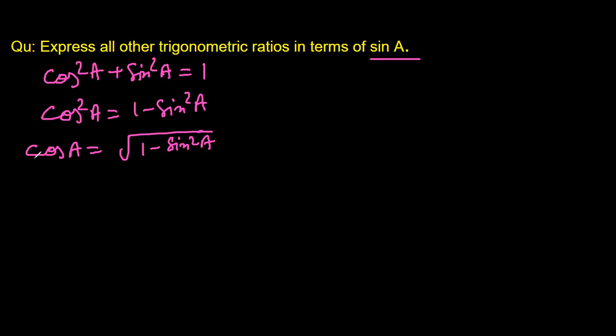Now we can also express tan in terms of sine. What would be tan A? A moment back, we saw that tan theta can be written as sine theta by cos theta.